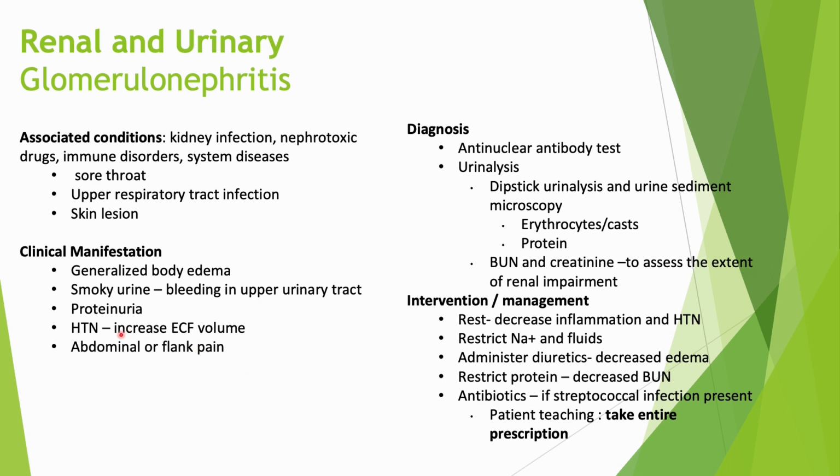We will tap the palm of our hand over the area of the kidney or the flank, and they will jump, hence the chandelier test. Anti-nuclear antibody test, very good. That's important. Dipstick urinalysis, yes. For erythrocytes, yep. BUN and creatinine. What is our creatinine going to look like with glomerulonephritis?